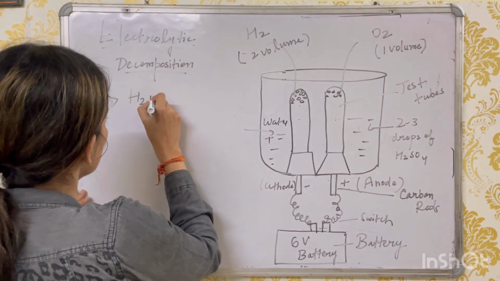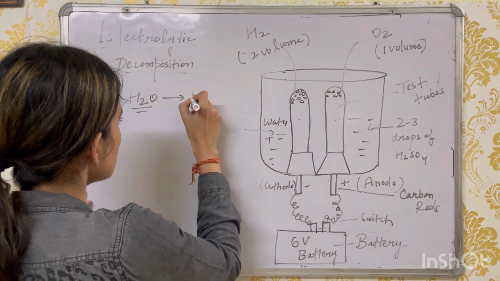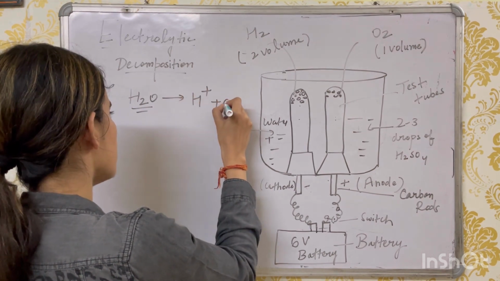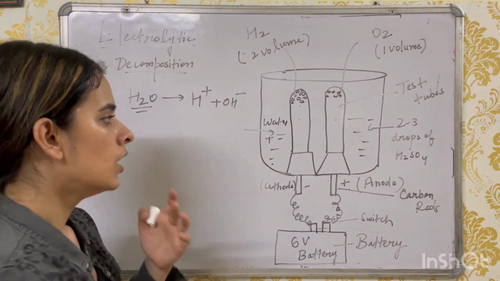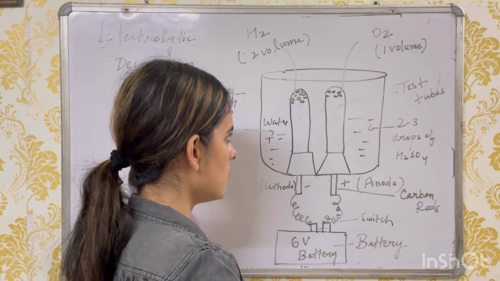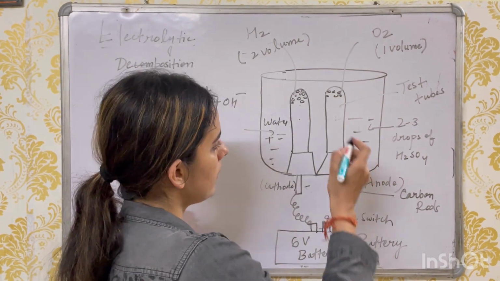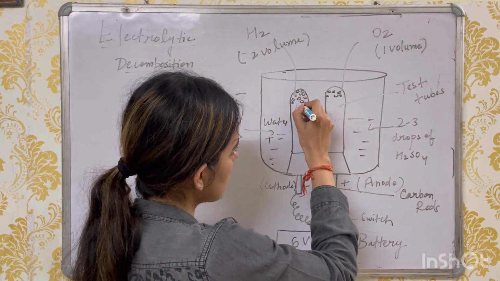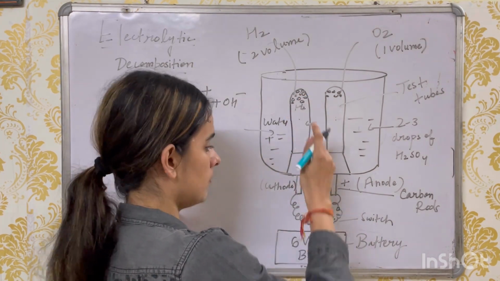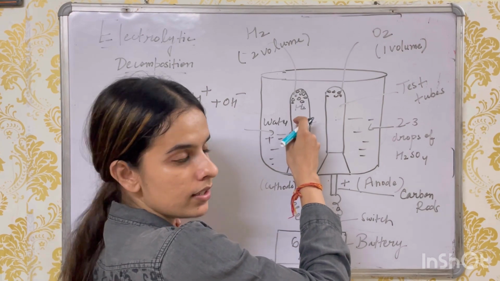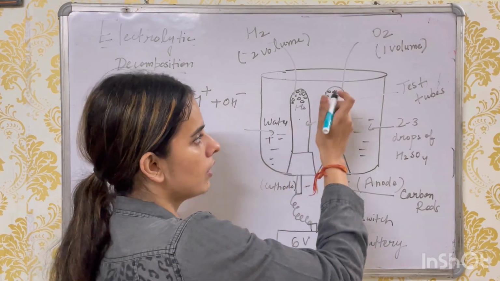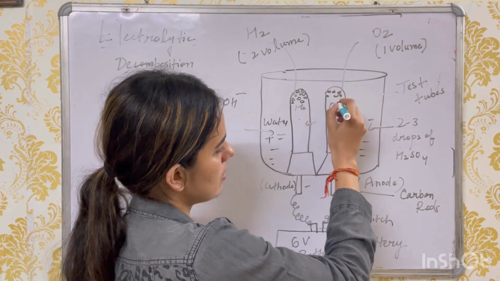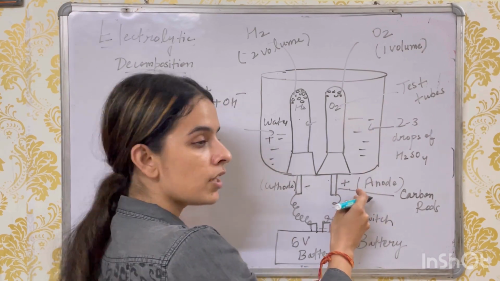As you know, water dissociates and forms H positive and OH negative ions, right? When it dissociates, we will see that the H positive ions, hydrogen gas, start depositing at the cathode side, the negative end, and oxygen gas starts depositing at the anode end.